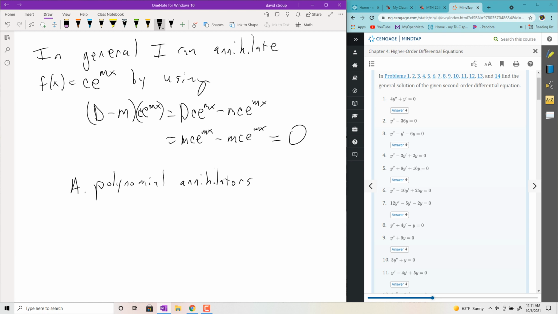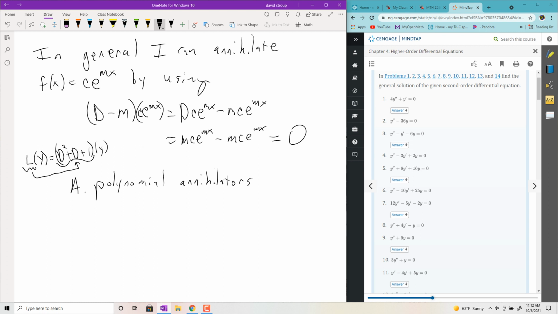The notation we'll use, if you remember polynomial operators, is L for the polynomial operator. So L of y would be, instead of writing d squared plus d plus 1 of y, this L thing, as you read through in the book.